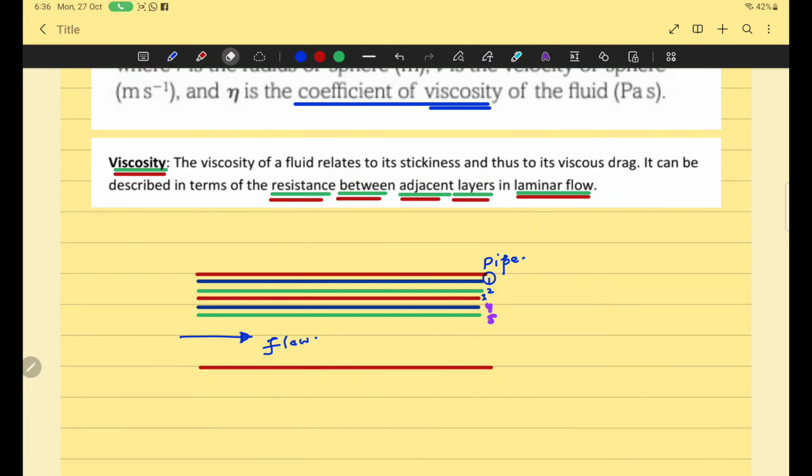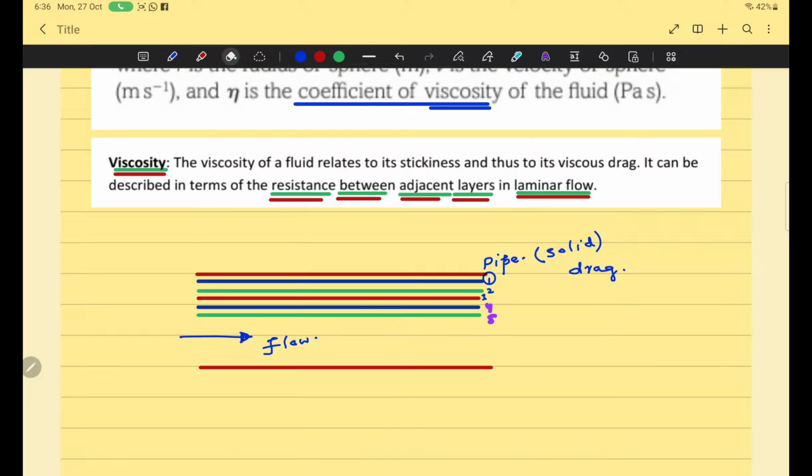It is called viscosity. Okay, so viscosity is resistance between two layers. But sir, what is the resistance between the pipe, you know the pipe is a solid, and layer number one? So this is not called viscosity. It is called drag. Drag is a force between a solid material and a fluid. Drag is the resistive force between a solid material and a fluid. And the resistance between two adjacent layers is called viscosity.